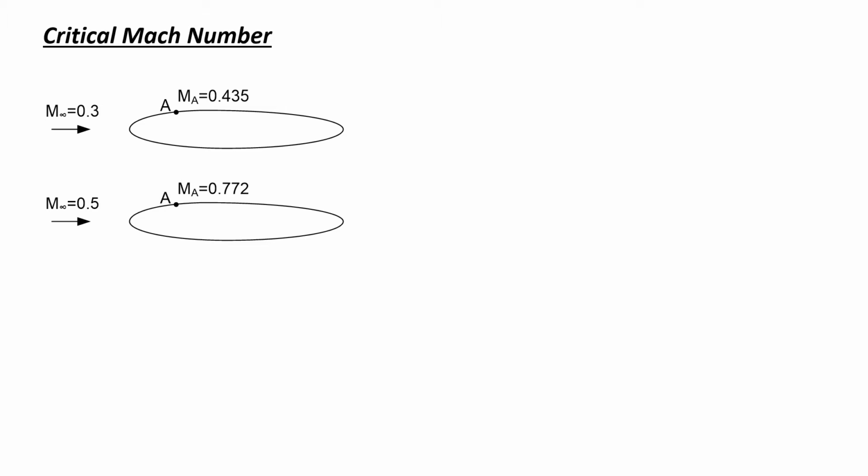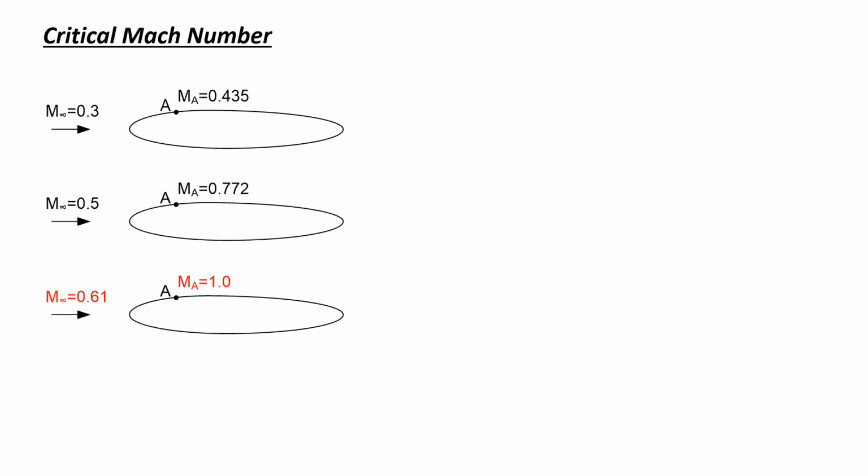So there is a slight increase of the local maximum Mach number. Now, if we increase the free stream Mach number further to 0.61, we can see the Mach number at point A becomes 1.0. So it's exactly the sonic speed.